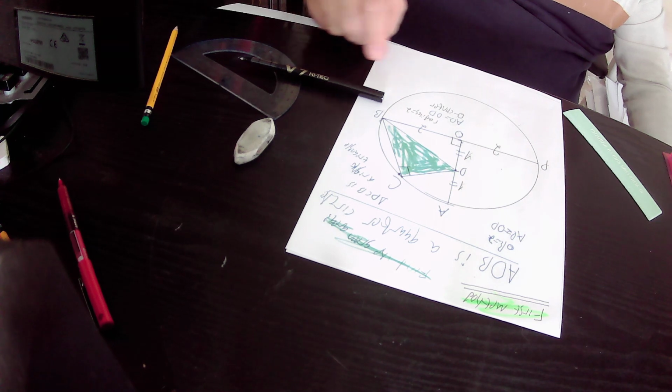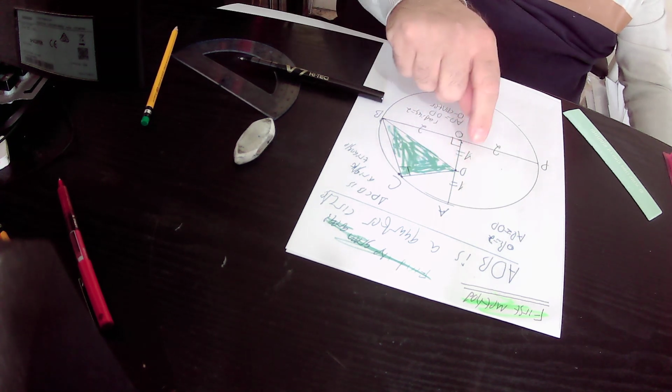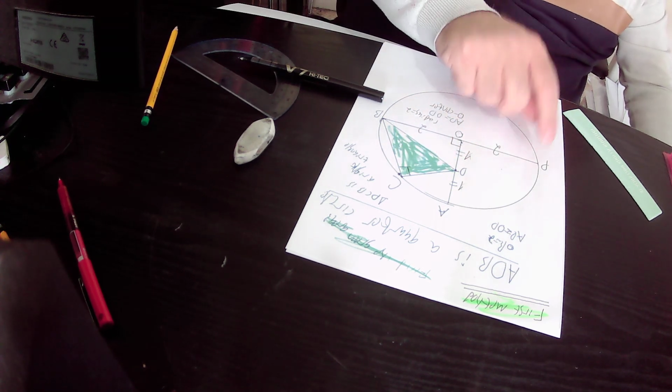In the next step, we will extend side CD by a straight line until it touches the circle.